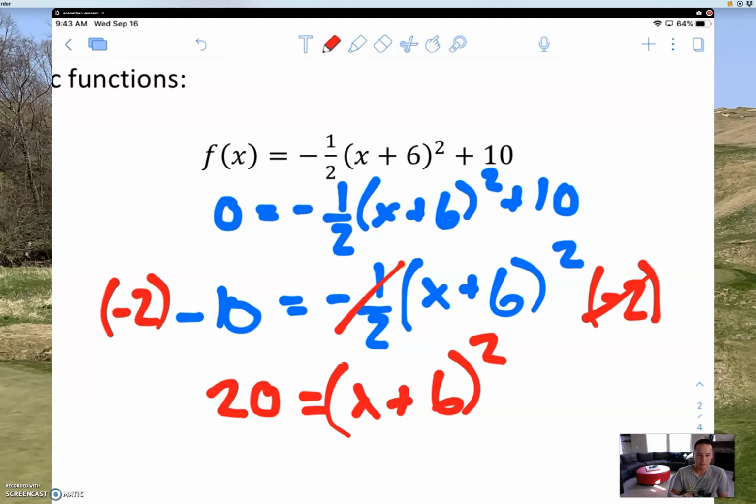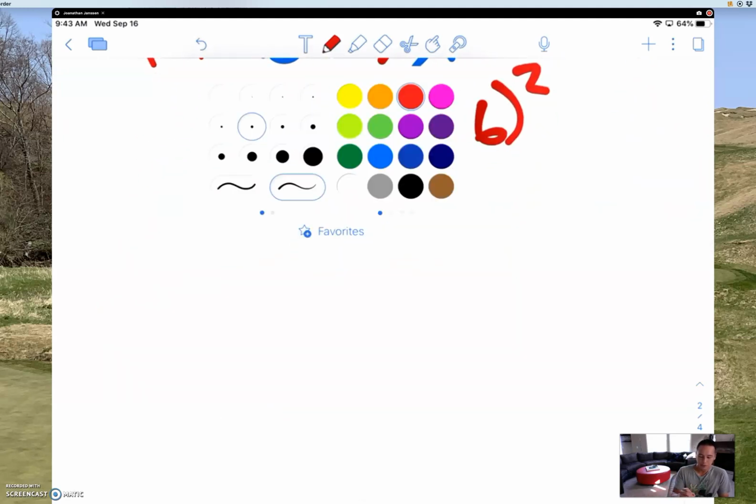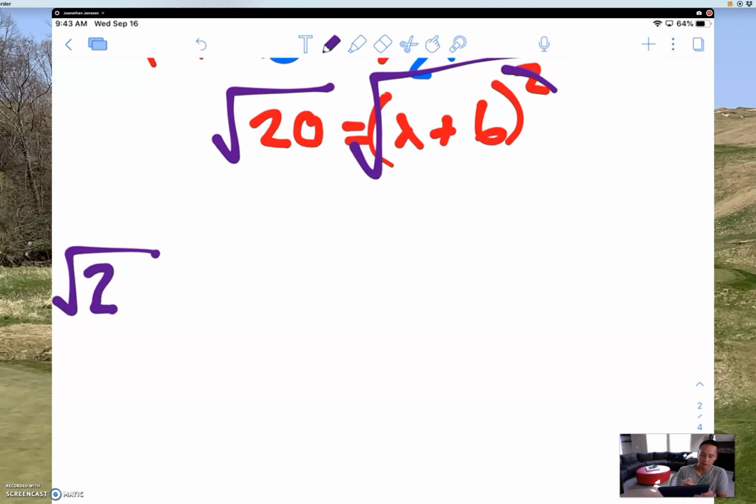Now we get to that tricky part where we have to take a square root. So we're going to take the square root here, and the square root here, and that squared will then go away. So on one side, we're going to have the square root of 20 is equal to x plus 6.